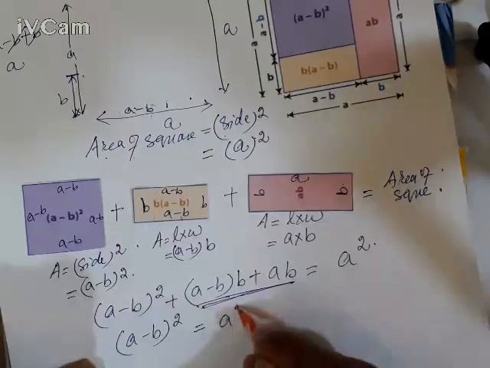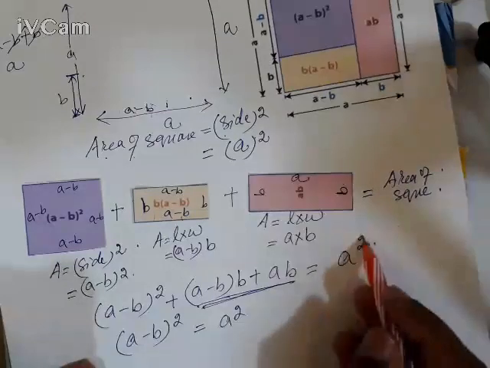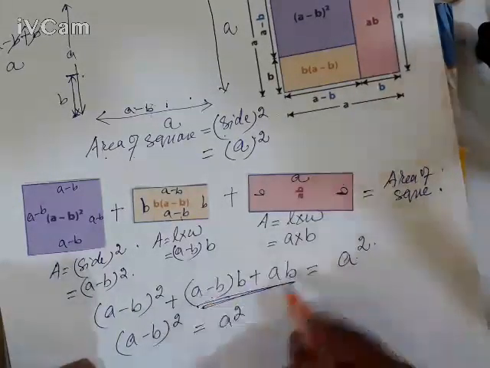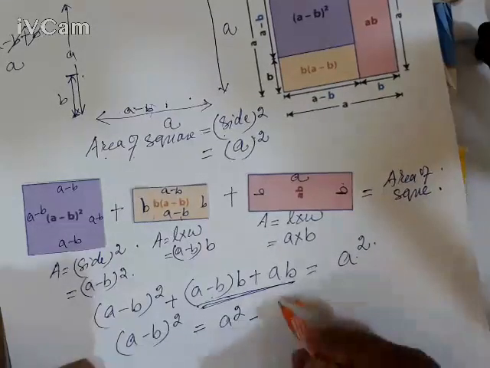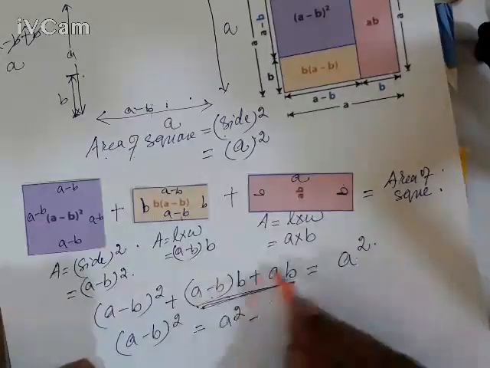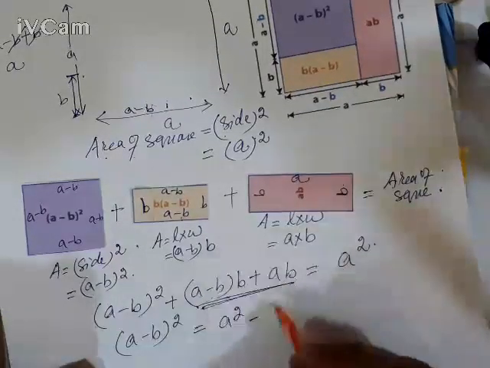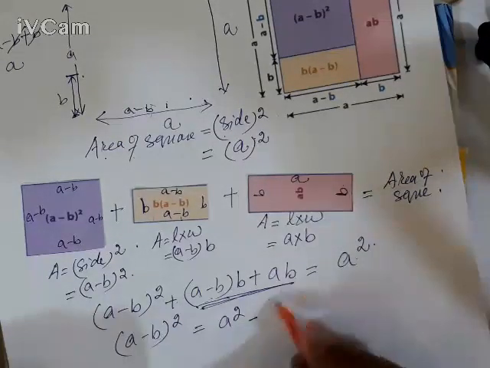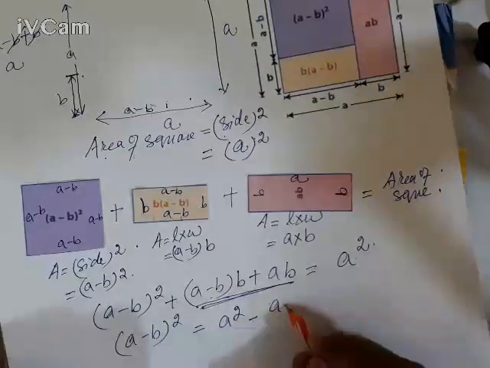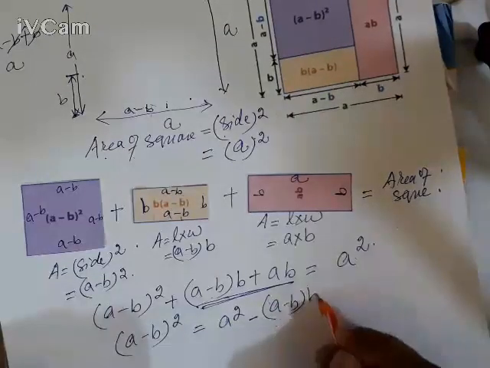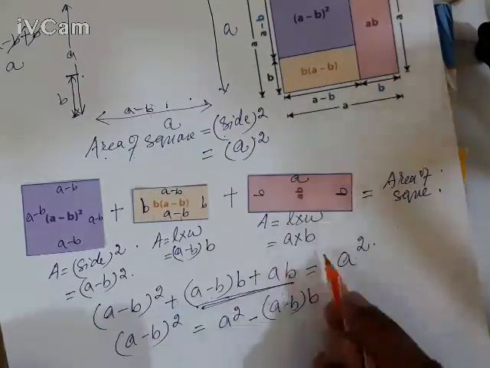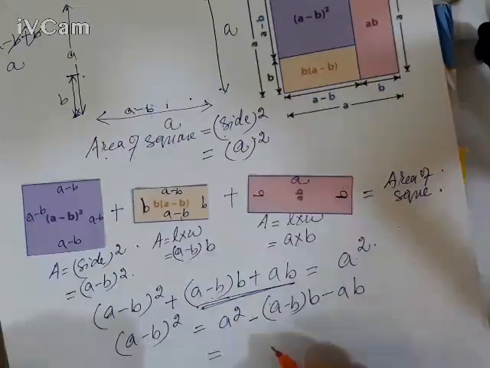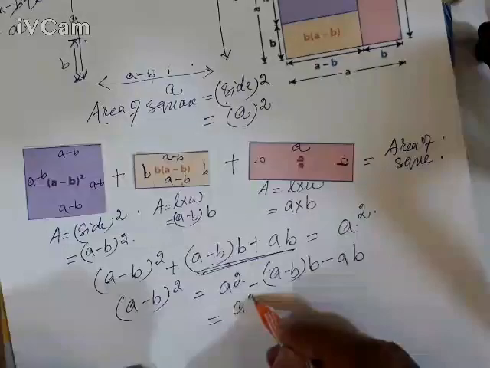So a squared, which is this one, so we will move these areas to the other side. So it will be minus; when these areas are shifted to the other side, all the signs will be changed. So this is plus and it will move to the other side, it will be minus. (a minus b) into b, this is plus, it will be minus ab, which is further equal to a squared.